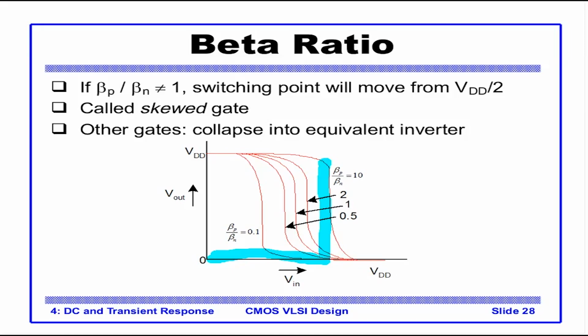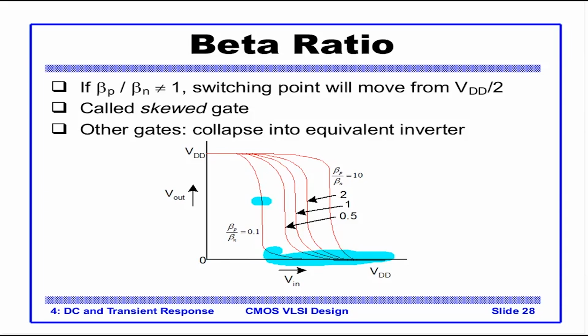Similarly, this is the case where the NMOS is again 10 times as wide as the PMOS, and so this case is the reverse of the previous case, where for the major part of the curve, the NMOS will be turned on and the PMOS will be turned off.